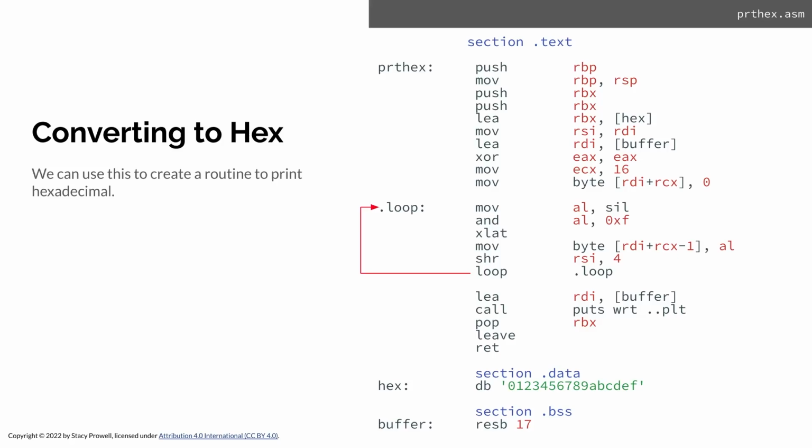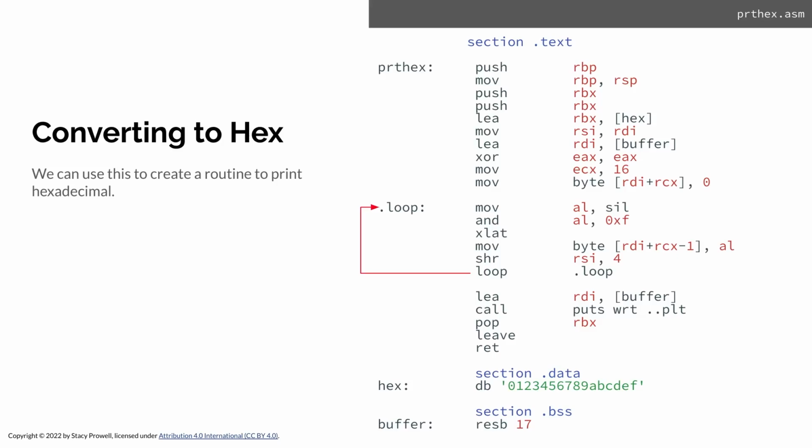And then I loop back up to dot loop, and that will decrement RCX and compare it to 0. So we'll decrement, we'll compare, and we'll branch if we're not quite 0 yet. So we run through all of that process. Now, when RCX is 1 and we hit this loop, we'll decrement it to 0 and then terminate, which means RCX will never be 0 in the body of this loop.